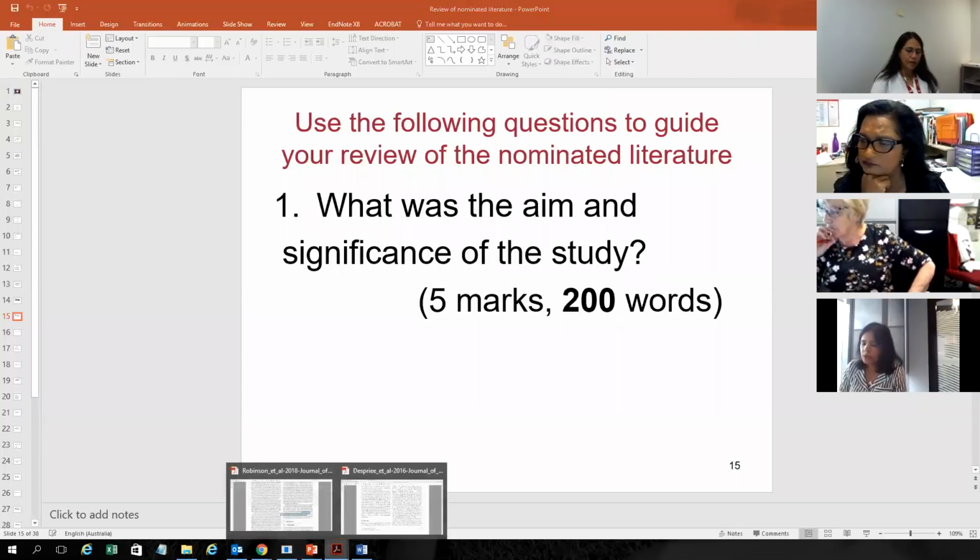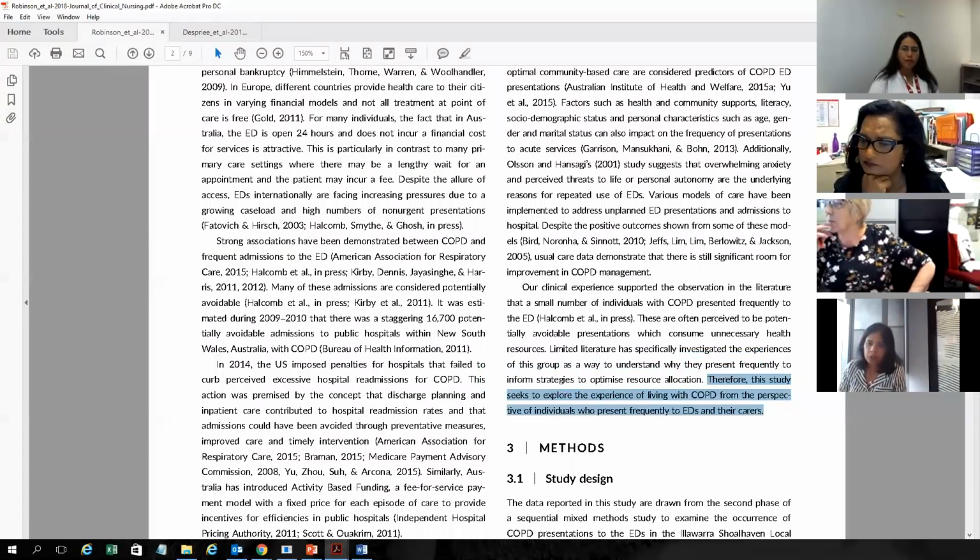For example, if you say to explore, explore is not just understanding. So you identify the aim and you write it down, and you can reference the journal which you are using for the aim. So just for the aim, you do not really paraphrase it. You identify it accurately and write it with reference.